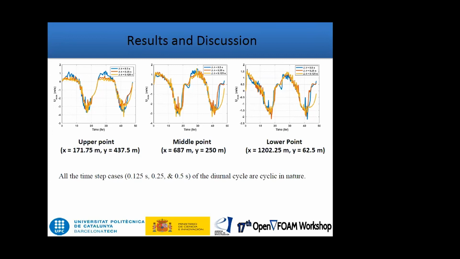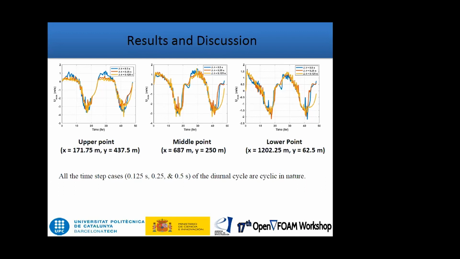A maximum velocity of 3.5 meters per second is obtained for a delta t of 0.5, approximately 3.8 for 0.25, and nearly 4.1 for a delta t of 0.125.